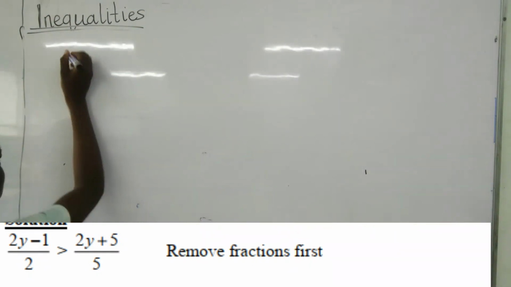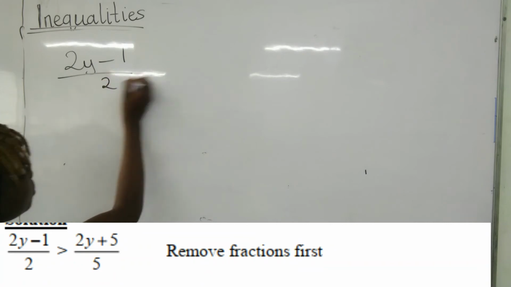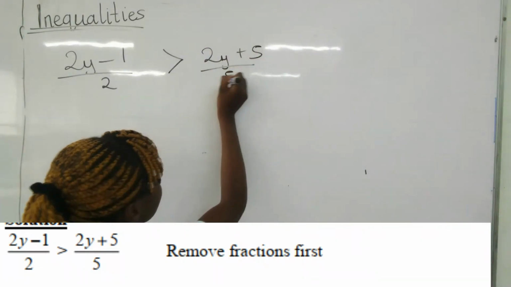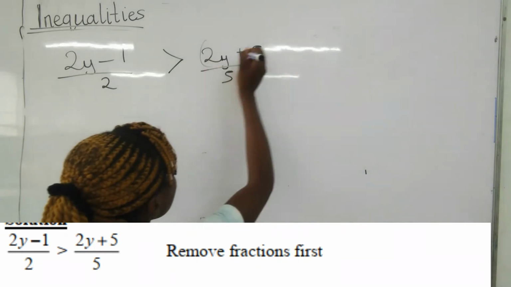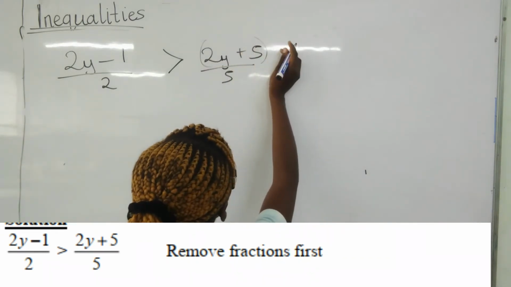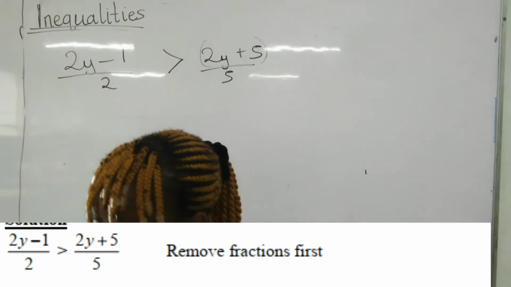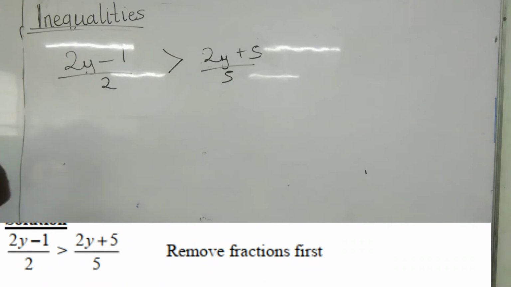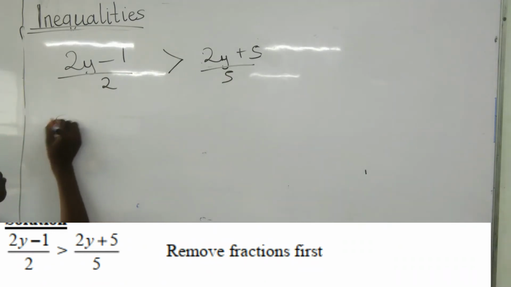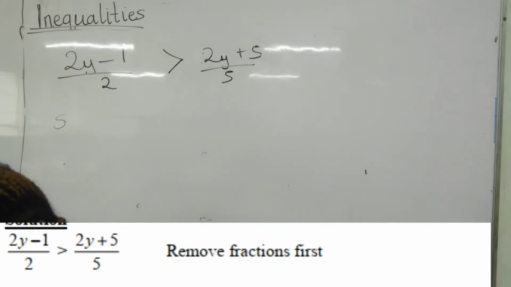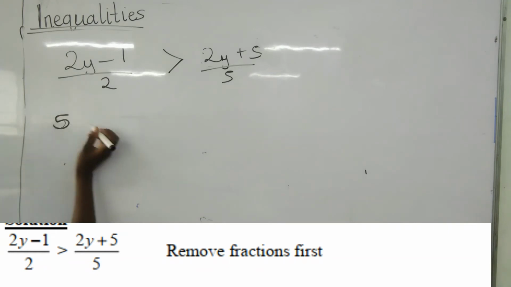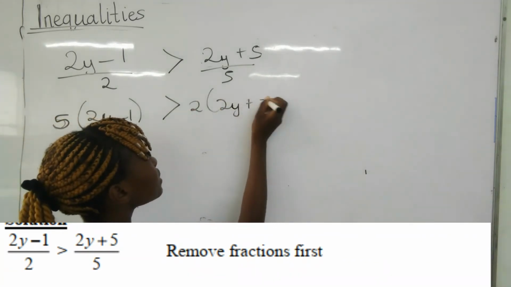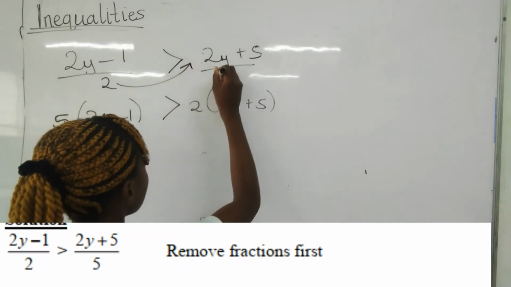For example, if we are given 1 minus 1 over 2 greater than 5 over 1, remove the fractions first by multiplying.